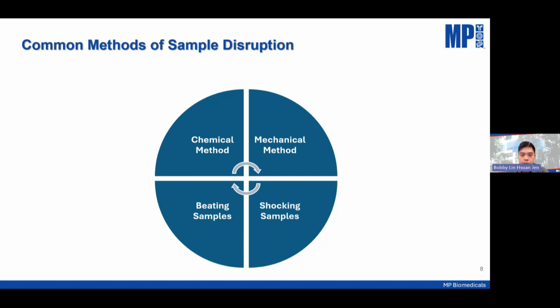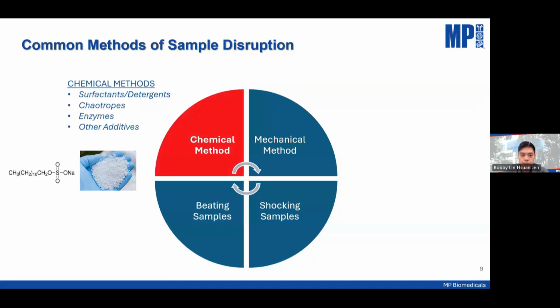So these are the different common methods of sample disruption, which were just mentioned. We have chemical, mechanical, shocking, and also beating. Again, the chemical method consists of the non-denaturing and denaturing methods, which include different surfactants, detergents, chaotropes, and also enzymes and other additives.